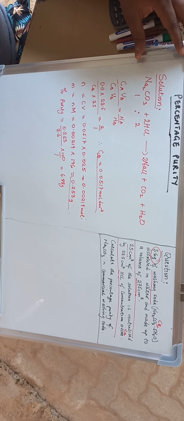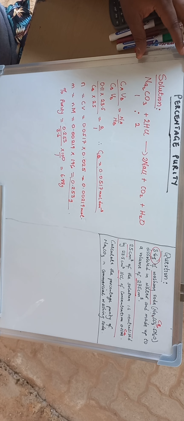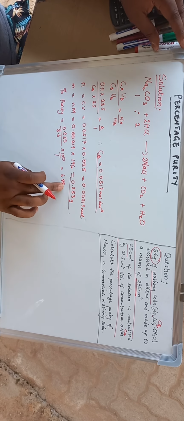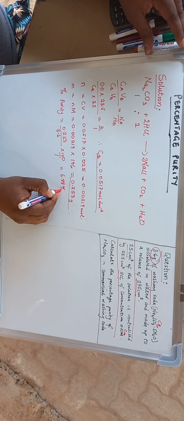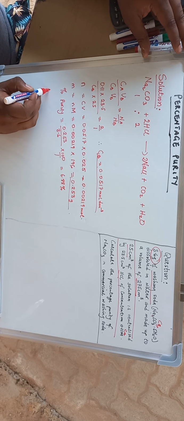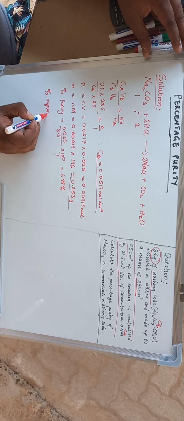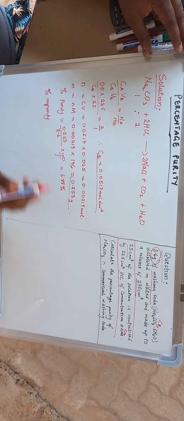Remember that a similar question might also come in the exam asking me to calculate the percentage impurity. If you are asked to calculate the percentage impurity, which we are not asked to calculate here, I will just subtract this from 100.